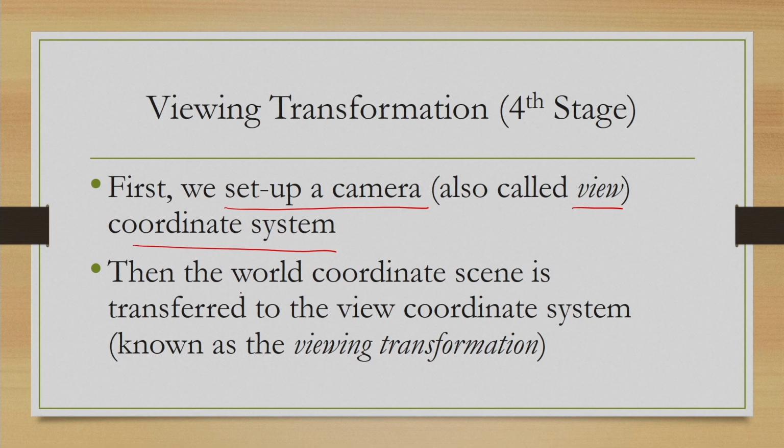Then the world coordinate scene is transformed to the view coordinate system. This stage is called viewing transformation. So, we have set up a new coordinate system, which is a camera coordinate system, and then we transform the world coordinate scene to the camera coordinate scene.